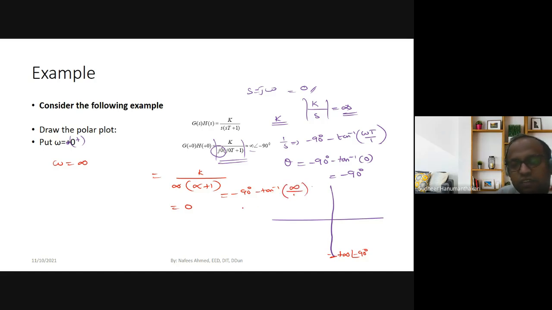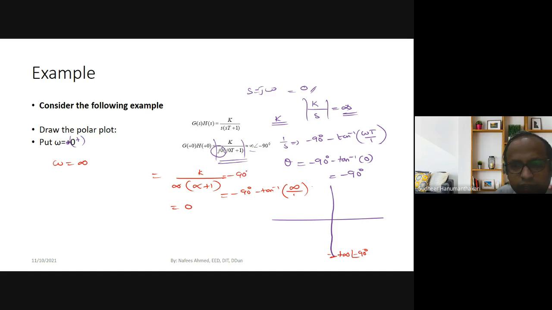What is tan inverse of infinity? Tan inverse of infinity is 90 degrees, right?